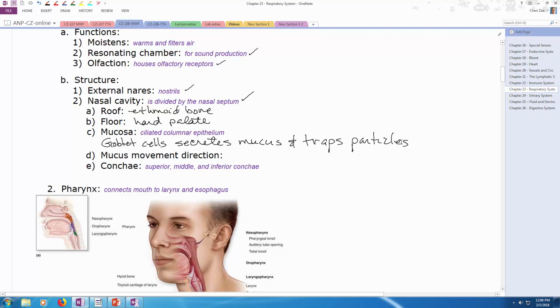Which way does the mucus move in our nasal cavity? Yeah, backwards, right? The only time it moves forward is when we have a lot of inflammation, right? And it's overwhelmed. Or when we cry, kind of things. So the only reason it comes forward is because the system is overwhelmed, and so it comes out both ends, but goes backwards into the pharynx itself.